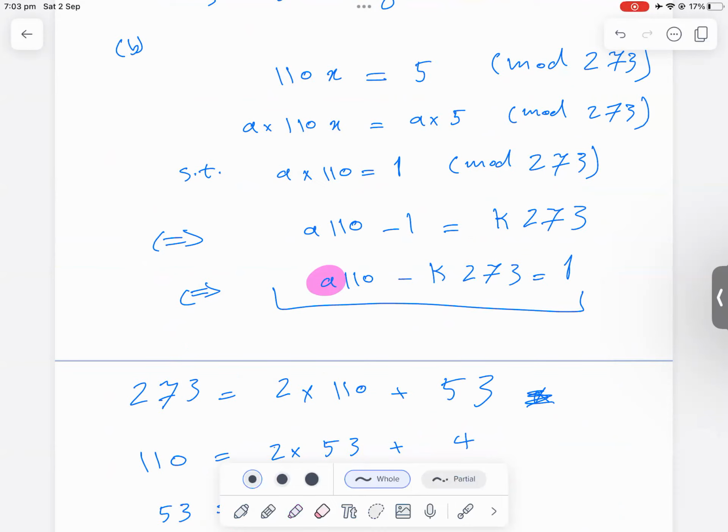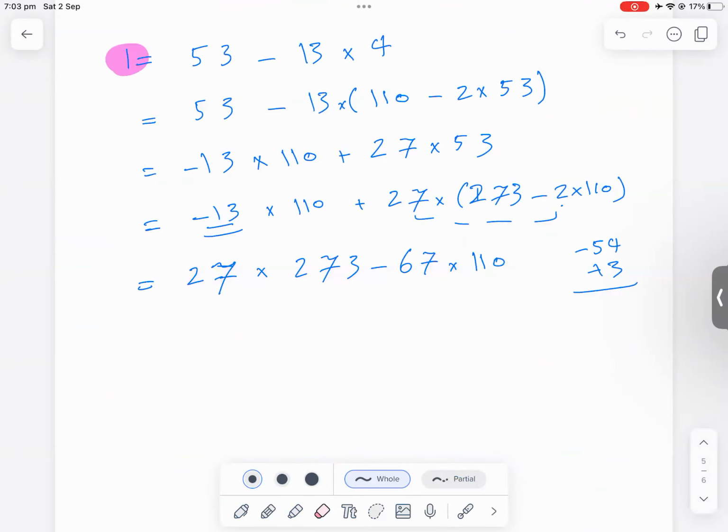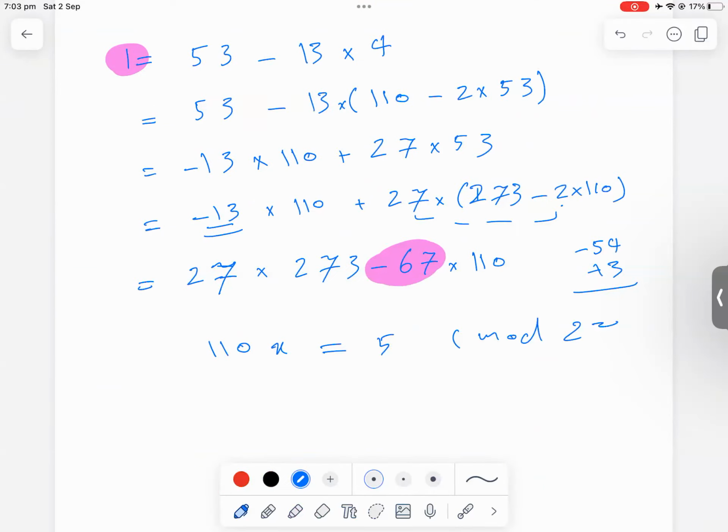So what we want to do is multiply. We needed this one, minus 67. Rewriting the equation, 110x equals 5, I remember now, mod 273. So I multiplied by minus 67: minus 67 times 110 times x equals minus 67 times 5 in mod 273.